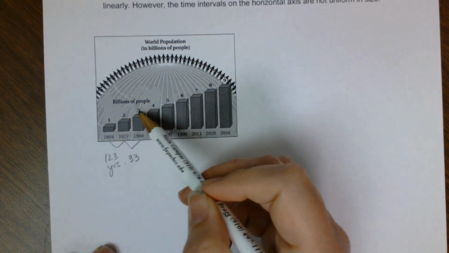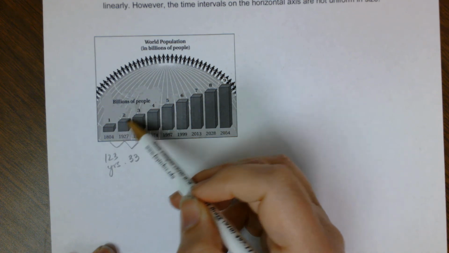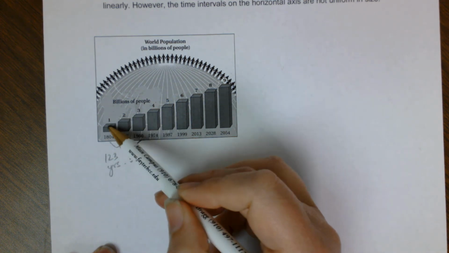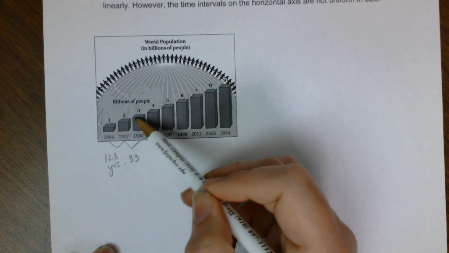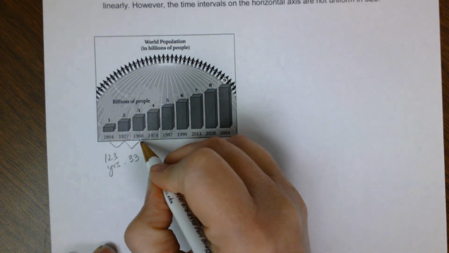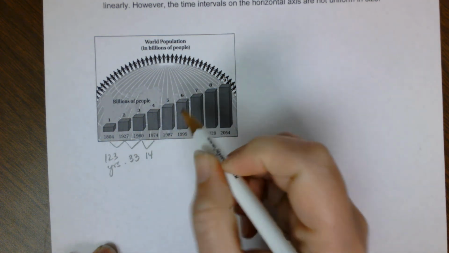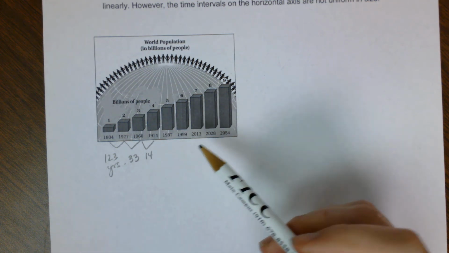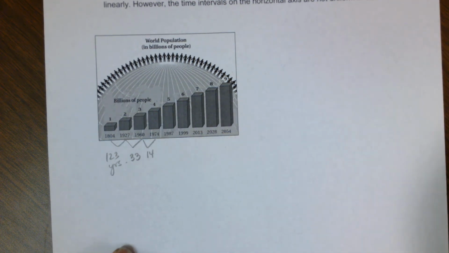So visually, our mind wants to interpret it as if it took the same amount of time, but it didn't. It actually took about 4 times longer to get from 1 to 2 as it did from 2 to 3. And we can continue on from 3 to 4, it only took 14 years. So it's a big difference. And we can keep going into the future.